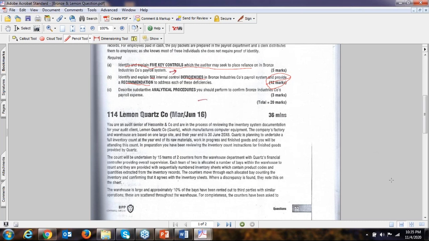So you people will not be confused, because this is a combo question. You need to mention key controls and why it is a key control, and in part B you need to identify the deficiencies, why it is a deficiency, and the recommendation. With all these three factors, you write down the answer.